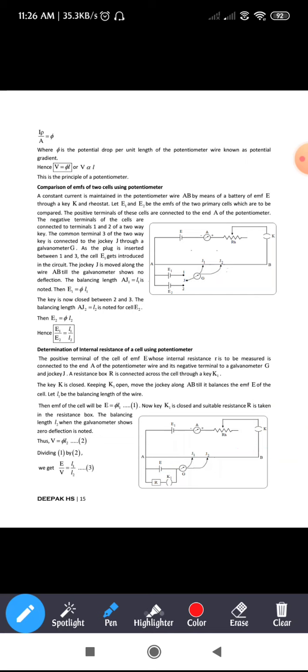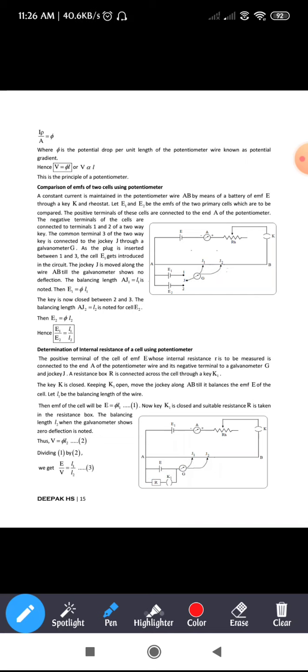So what happens when K1 is open? No current flows through this part. Only current flows through this part here. No current will be flowing through this resistor, this resistance box and plug key K1.